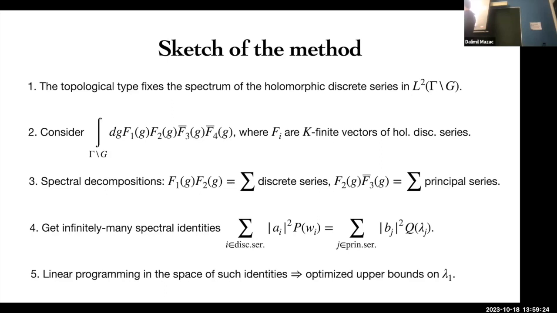What you end up with is an infinite collection of identities, which equate an infinite sum over holomorphic forms to an infinite sum over Laplace eigenfunctions, and which have some positivity properties. So you have positive numbers times polynomials that you can control, and then you can do some interesting linear programming in the space of these identities to get optimized upper bounds on lambda one. This is just a sketch, but I'll spend the rest of the talk explaining the steps in more detail. But if you want to ask something now, that's fine also.